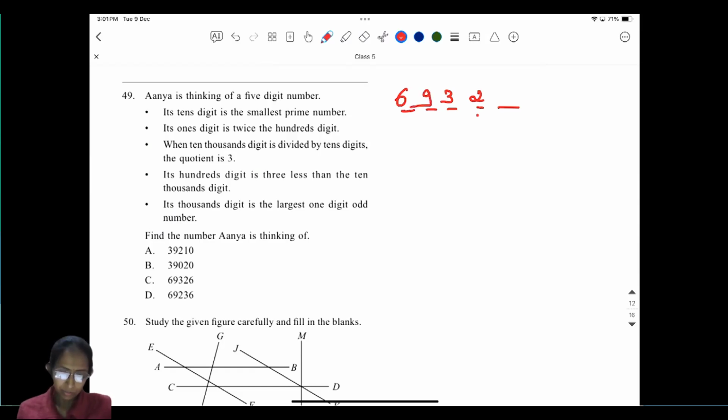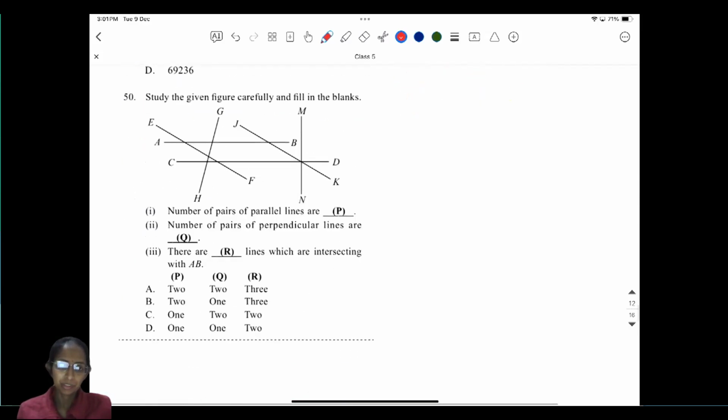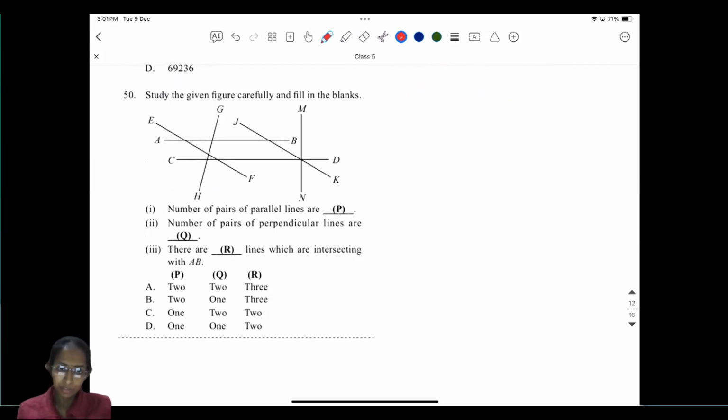And now filling up the ones digit. If the ones digit is twice the 100 digit. So 3 into 2, 6 again. So the number coming to be 69326.